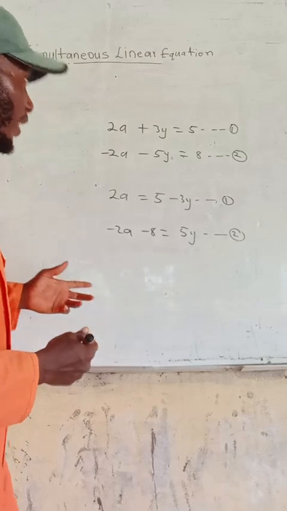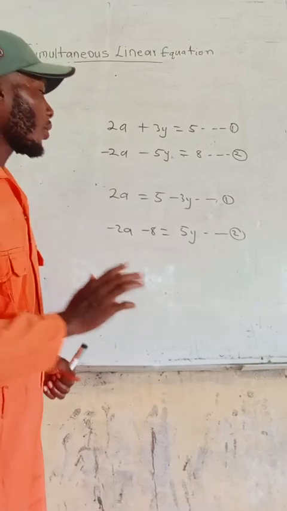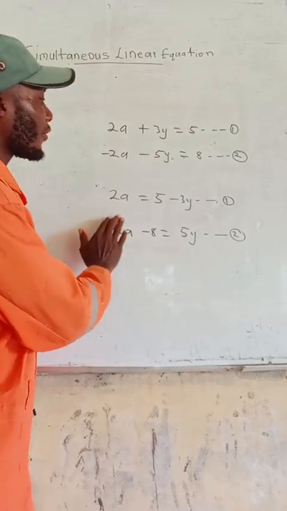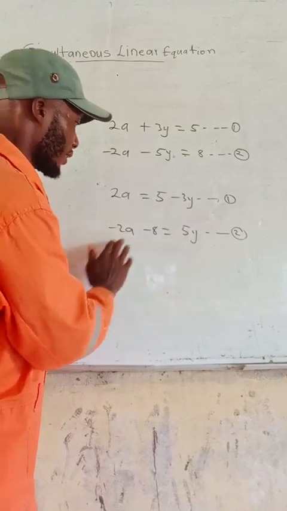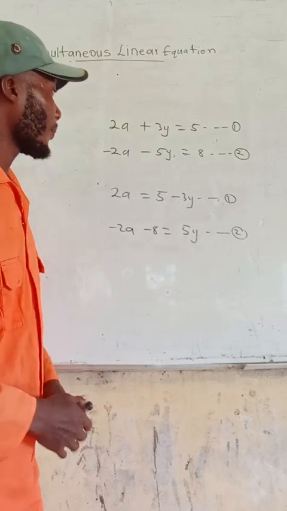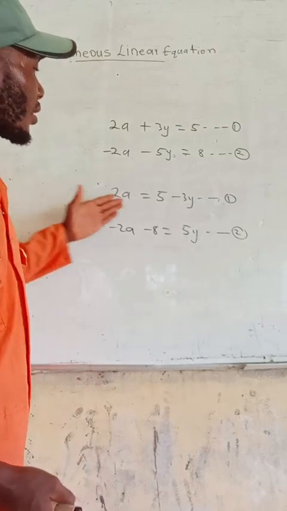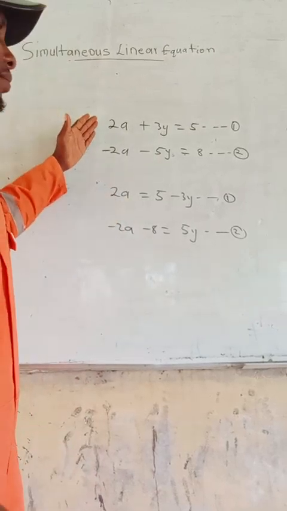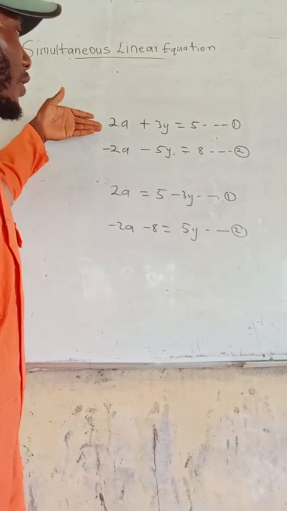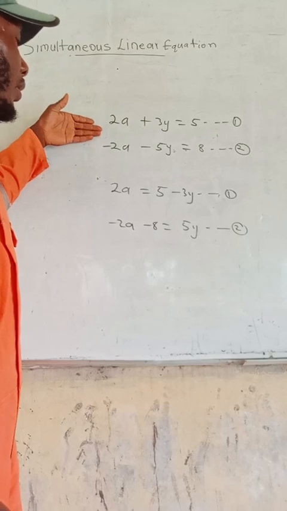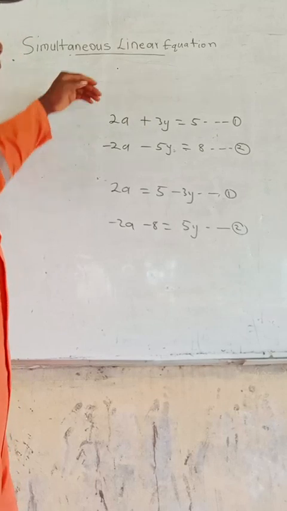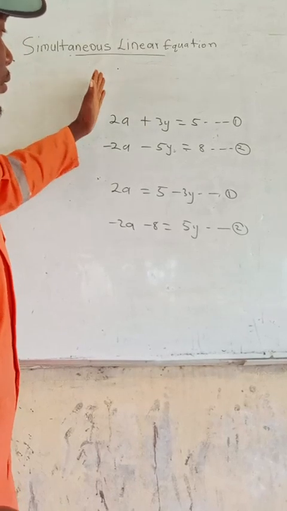Look at it. It's still the same equation. So what I'm saying is, if you have an expression like this, you're going to see that it is not exactly looking like this. In this first equation, you are seeing the alphabets corresponding.